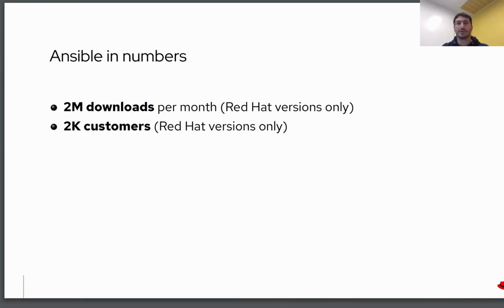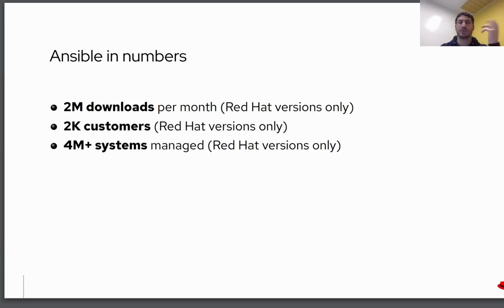And consider that all of those are only for the Red Hat version, and this is obviously due to the fact that Red Hat knows how many customers they have, but it's not possible to say how many companies or people are using the open source version, which is open source, and therefore people can just download it, use it, not use it, or maybe use it for 1,000 machines or 1 million machines, no one knows.